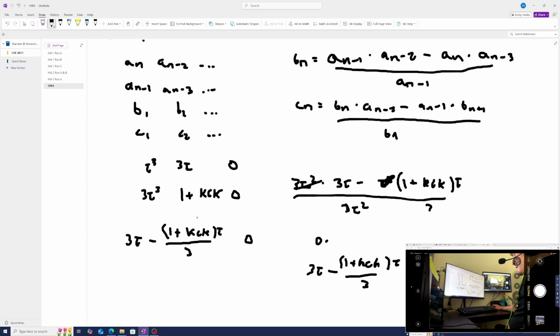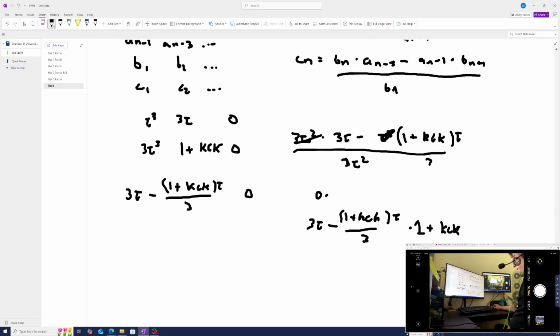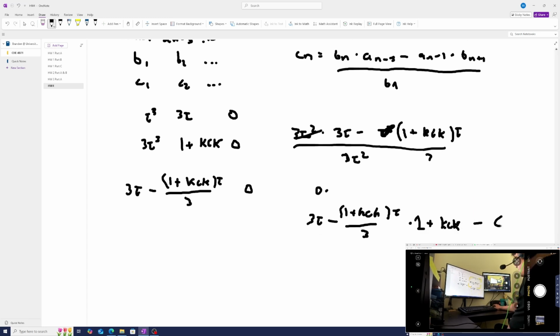Our Bn plus 1 in this situation is 0, so this will be minus 0 over here, and then this is divided by our Bn, which is just 3 tau minus (1 plus kck) over 3 times tau, and these two will cancel out, leaving us with just 1 plus kck.